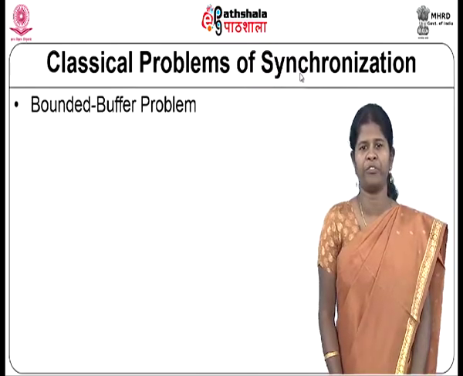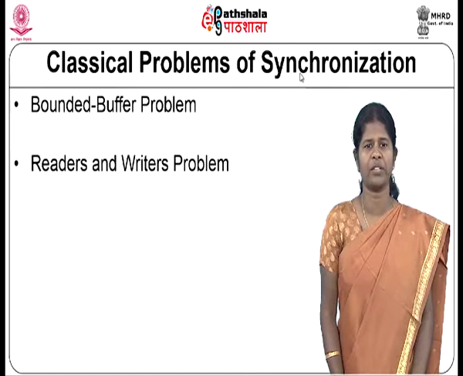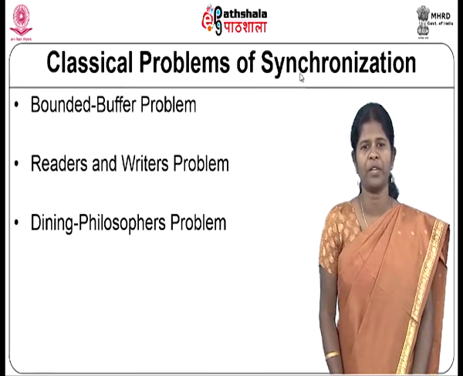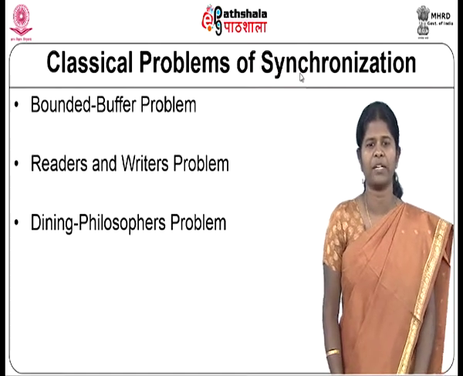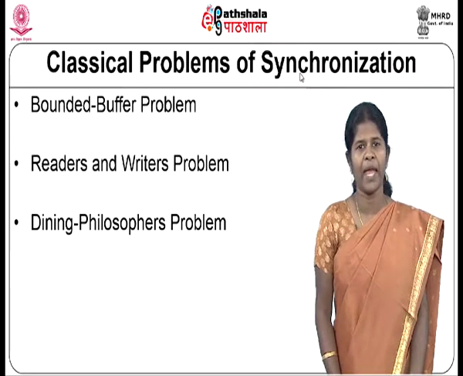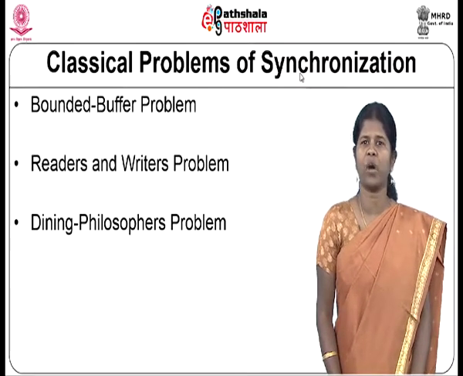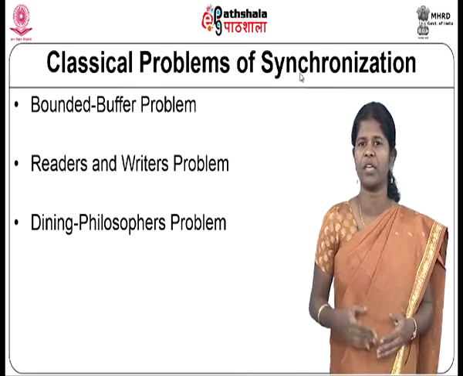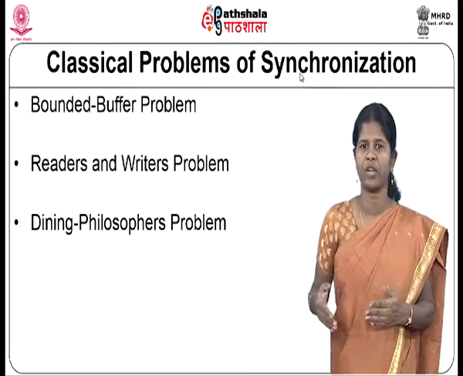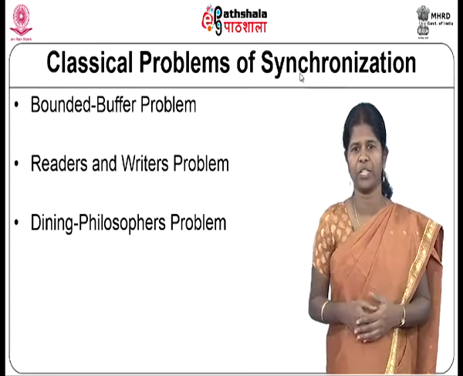There are a number of classical problems of synchronization like the bounded buffer problem, readers and writers problem, and dining philosophers problem. These problems can be used to model many other concurrency control problems that arise in different situations.